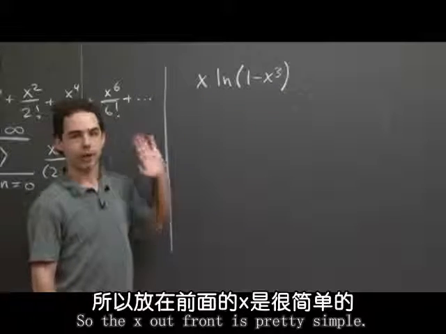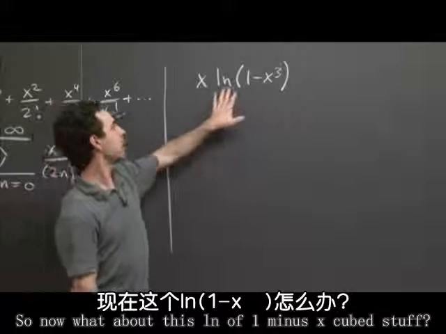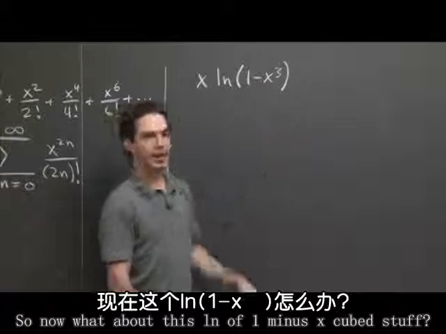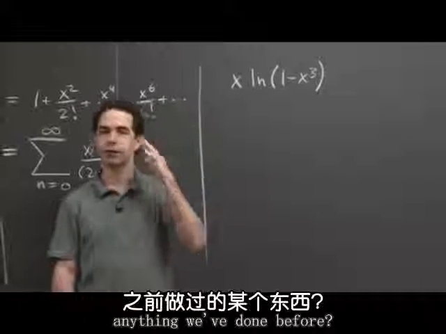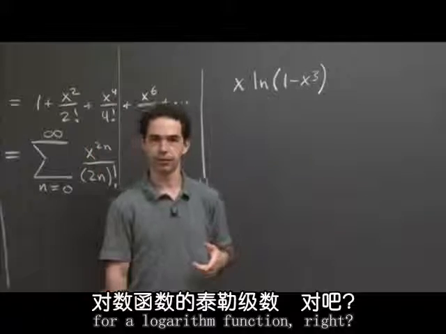So that x out front is pretty simple. Now what about this ln of 1 minus x cubed stuff? A thing to remember is, does it remind you of anything we've done before? We have a Taylor series for a logarithm function, right?